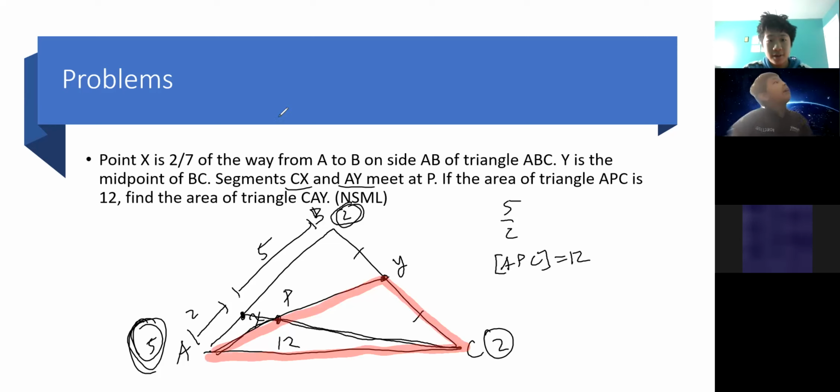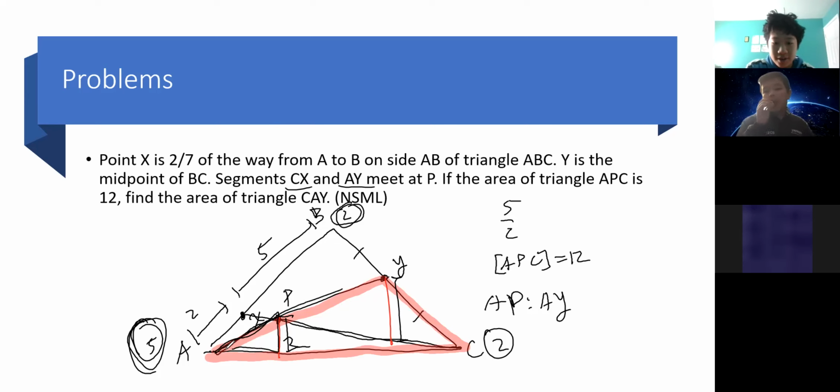What's the area? Well, if you notice, APC and AYC have the same base. So the only thing making a difference between their areas is their height. This is the height for APC. This is the height for AYC. And you can see here, the ratio between the heights is the same thing as the ratio between AP to AY.